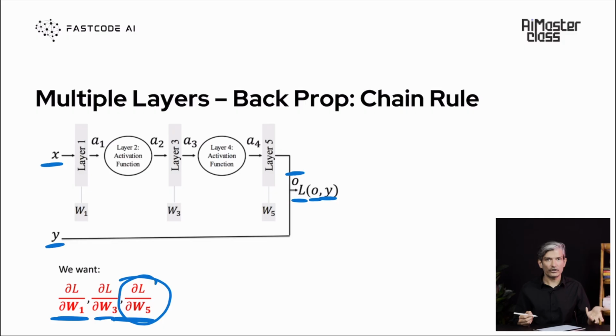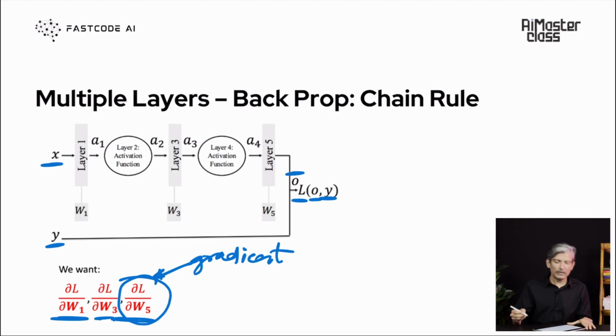How will my loss change if I change my W5? And what will this be? This will be a gradient. Why? Because loss is a scalar valued function, so its output is scalar and the input is a vector. And this is what we want to get to, then go in the negative direction of this gradient.